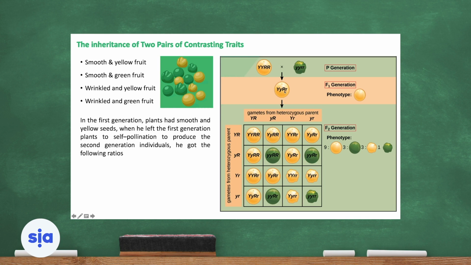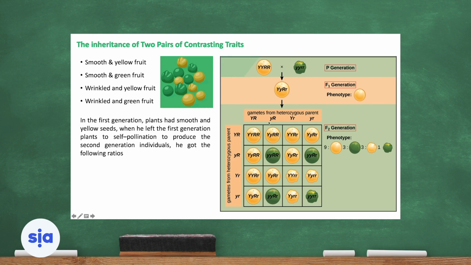If two like this, hybrid, they are not pure, cross-pollinate or self-pollinate, they will produce the second generation.